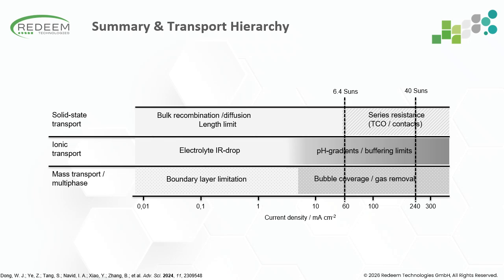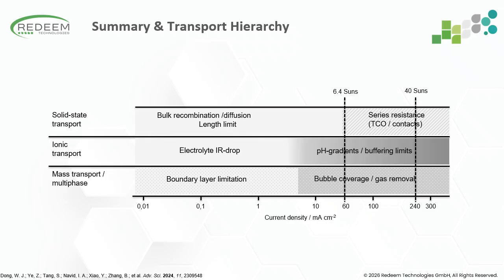If we further increase the light intensity to around 40 suns, current densities can approach 240 milliamps per square centimeter. And now the dominant bottlenecks are completely different. Series resistance in the TiO₂ and electrical contacts becomes very significant, and bubble management becomes critical. Maintaining uniform electrolyte composition becomes much more difficult.